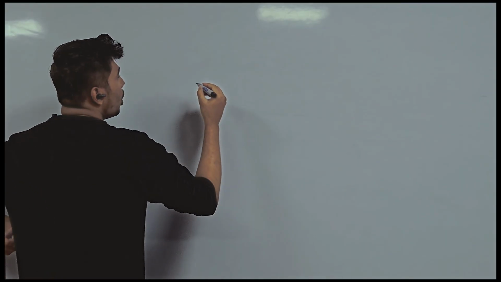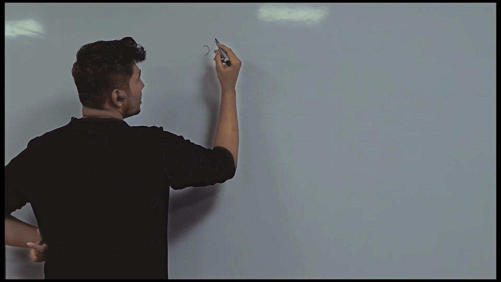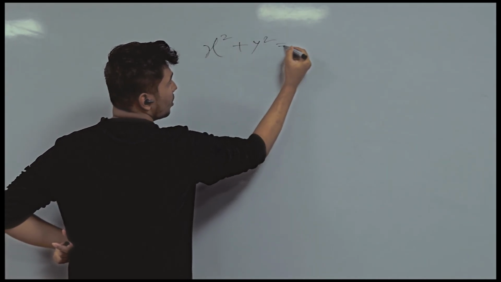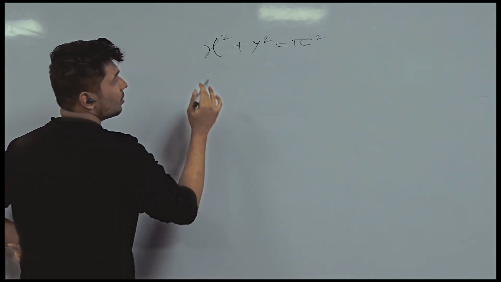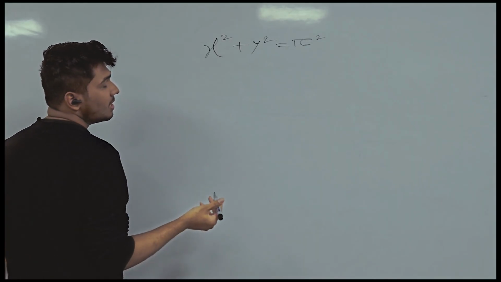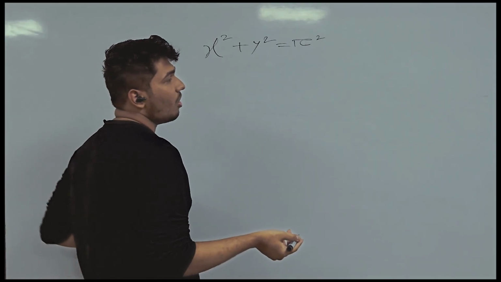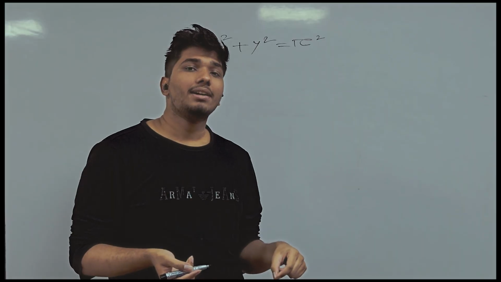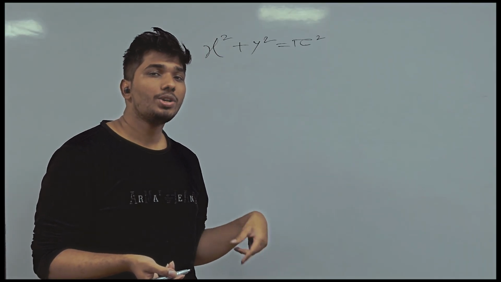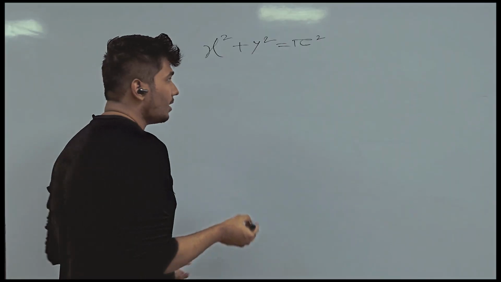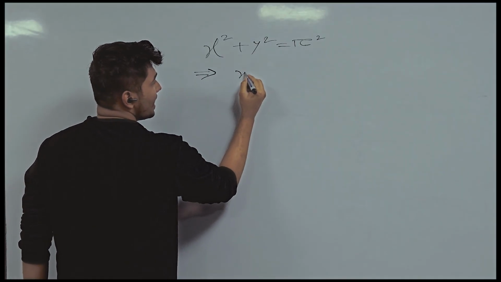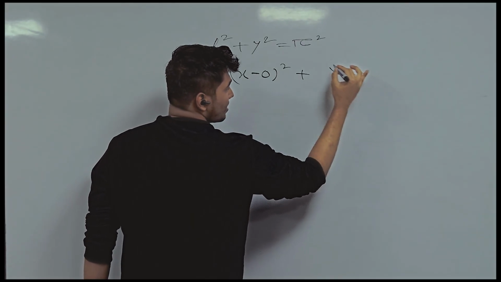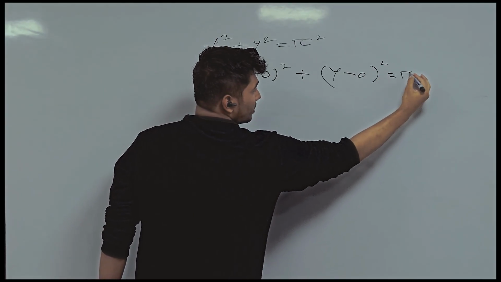So let's see. All of you know the equation of a circle, which is x square plus y square is equal to r square. What does this equation actually specify? This equation specifies a circle whose center lies at the (0, 0) coordinate and whose radius is r. Can we rewrite this equation in this manner: x minus 0 whole square plus y minus 0 whole square equal to r square?